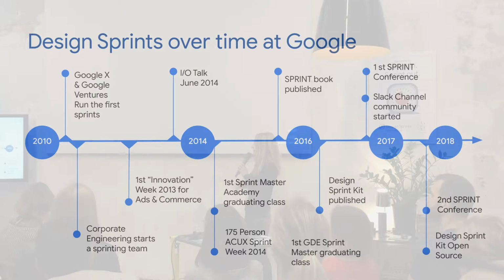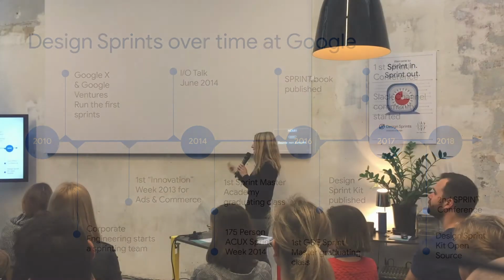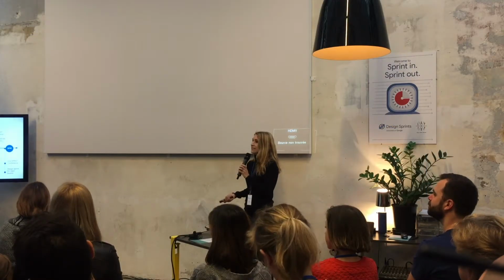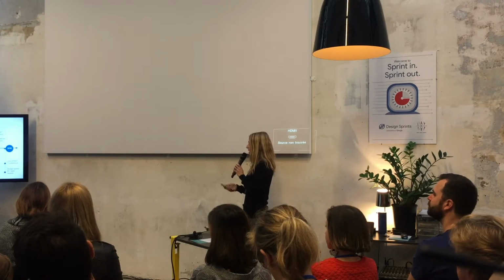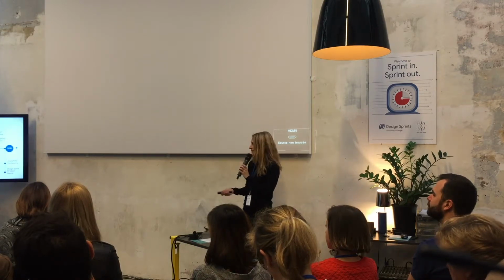And we were working towards our largest sprint ever, 175 people for our ads and commerce team in 2014. So you can see the trajectory. In the last couple years, we have launched a sprint conference, an external Slack channel, and our Design Sprint Kit site, which is an open source site, which I'll talk to you about in a little bit.